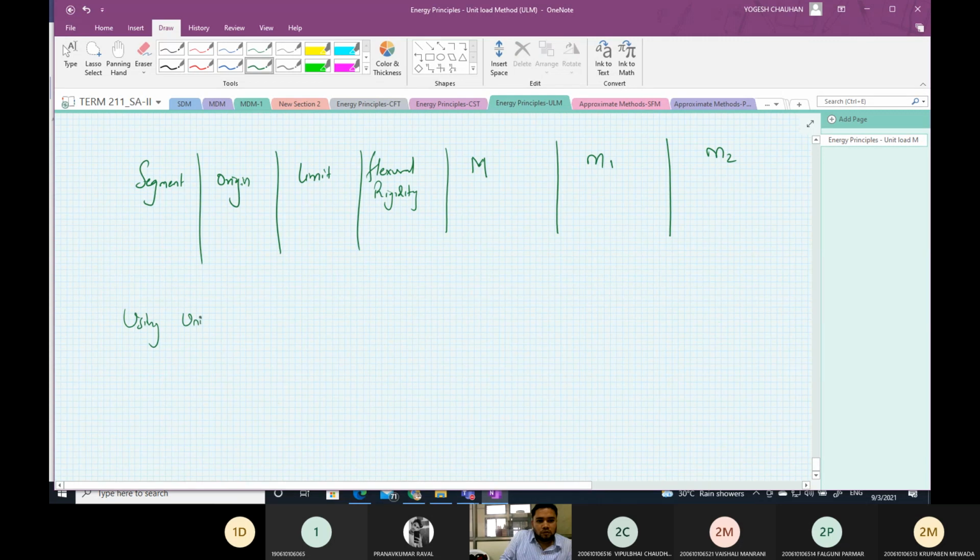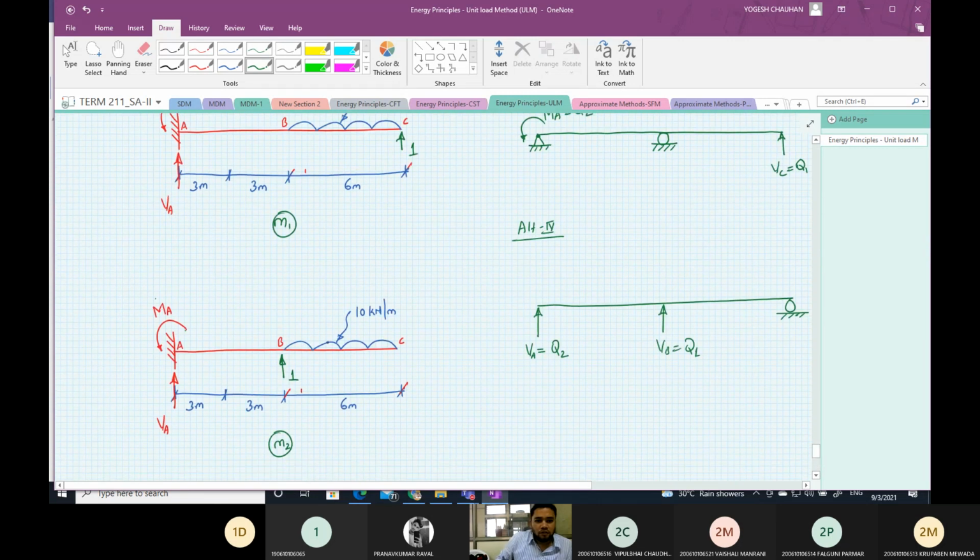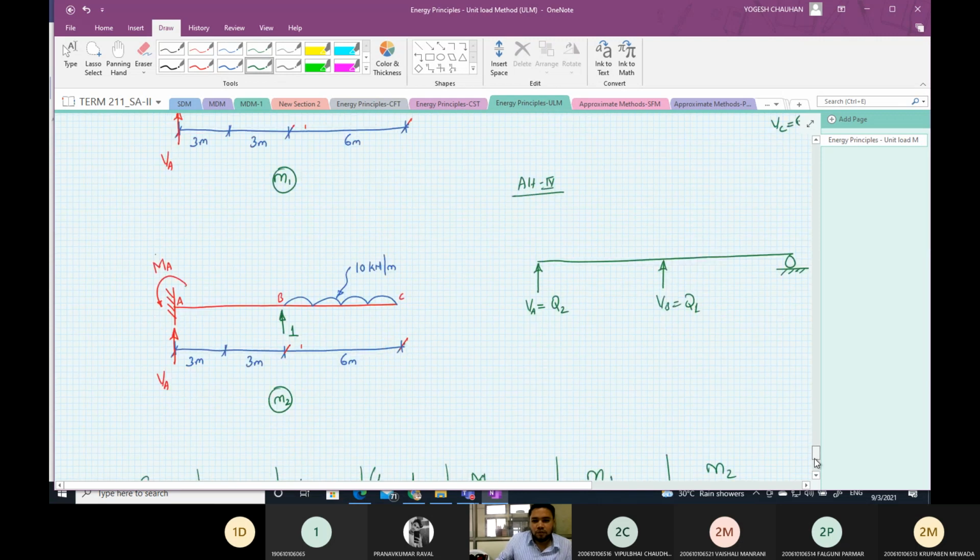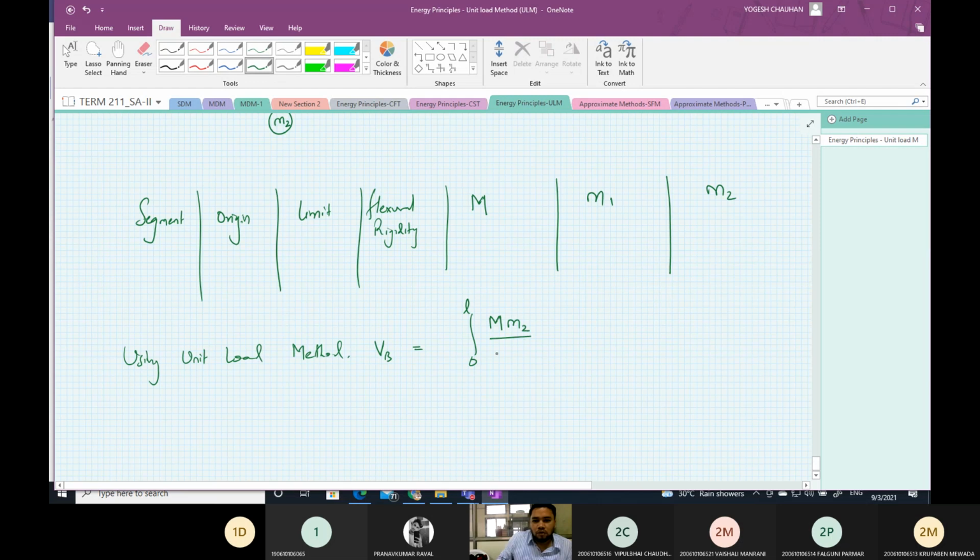Okay, and you will have two equations using the unit load method. VB will be equal to integration from 0 to L capital M into M2, because M2 is corresponding to VB, divided by EI dx, whole divided by integration from 0 to L M2 square dx by EI.